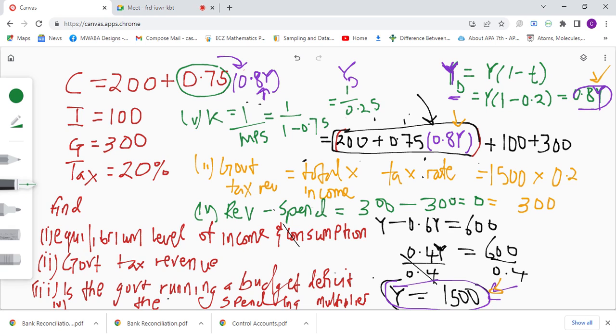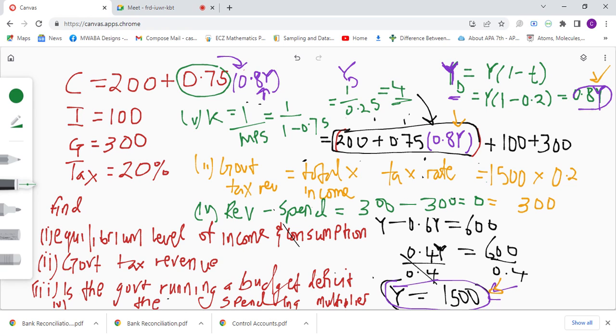Then 1 divided by 0.25, we get 4. So basically what this means is the government is going to spend a certain amount of money, and we multiply that amount by 4 to get the total overall spending in the economy.